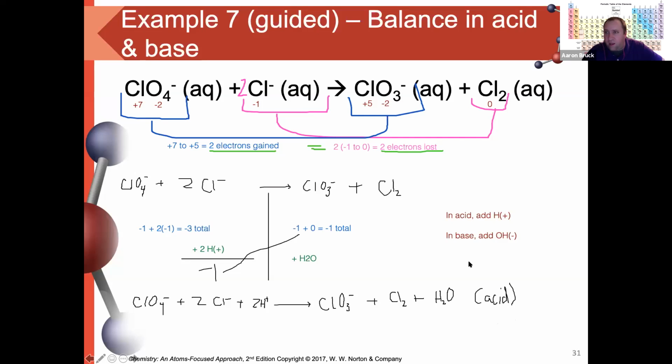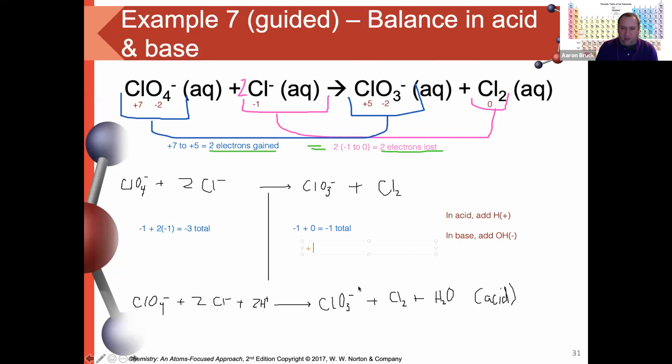Now, what if we were in base instead? Well, everything up until this point here would be exactly the same. We would evaluate the total charges. The only difference would be how we handle the balancing of those charges. Since we are in base, we would add hydroxides to the less negative side to make it more negative.